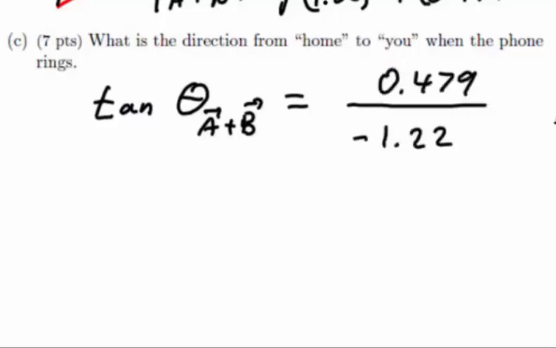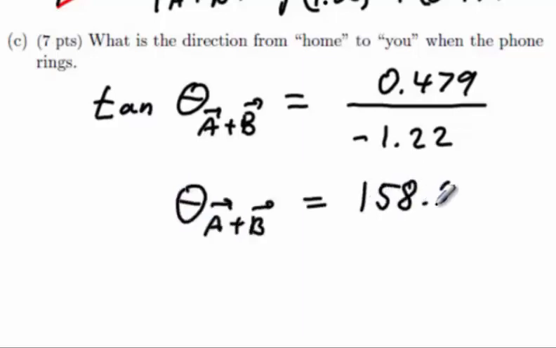We recognize that when taking an inverse tangent with our calculator, we will always retrieve a result in either the fourth or first quadrants. However, when the x value of a vector is negative, this answer is either in the second or third quadrants, and we need to take the calculator result and add 180. Thus, the angle we find for the vector theta A plus B is 158.6 degrees.